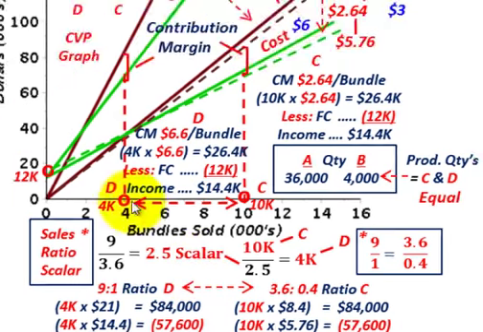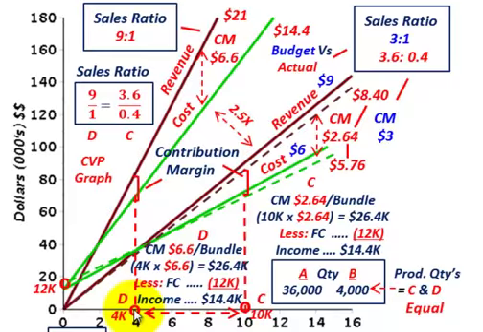So just to sum things up, when you're dealing with these different sales ratios, you might have to make some conversions. In this case we're looking at our actual versus our budgeted amount, and it might have been a little easier if you're trying to explain it to somebody, at least in our graph form, to convert from our 9-to-1 sales ratio to the 3.6 to 4.0 that we did, in order to demonstrate how the comparison, in this case, is our budgeted versus our actual sales.